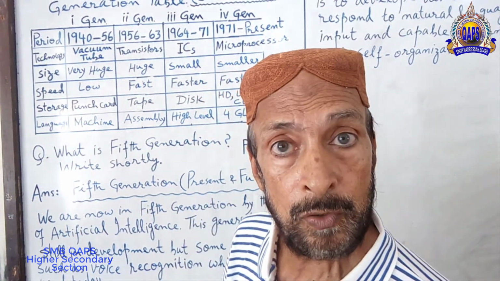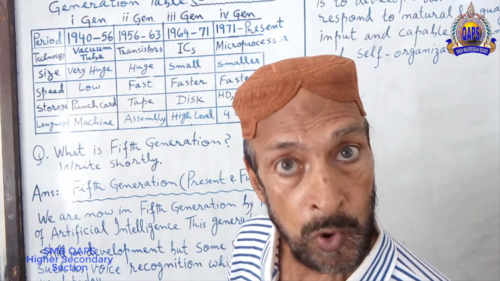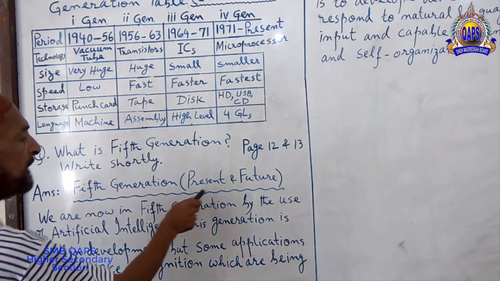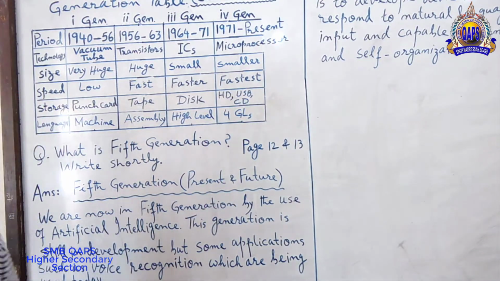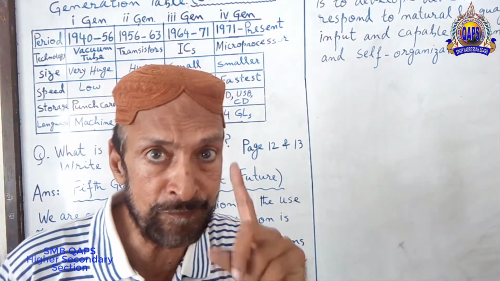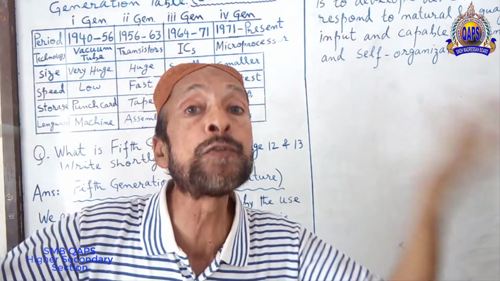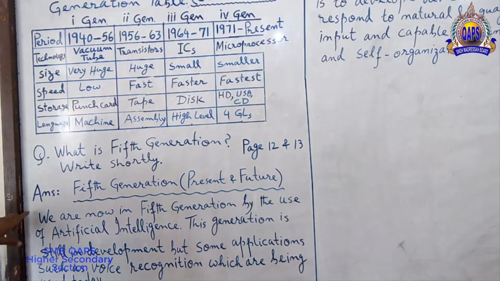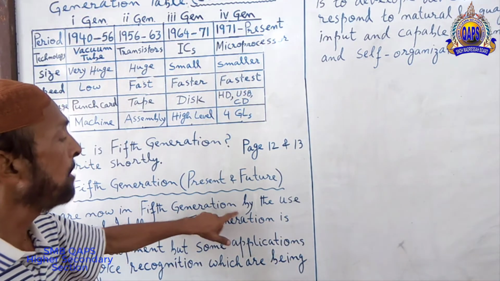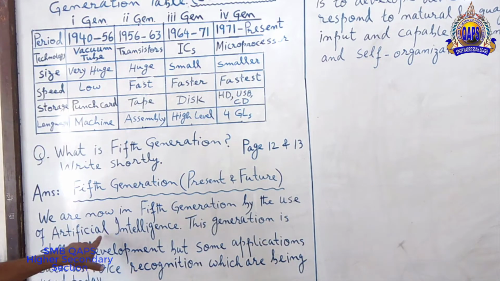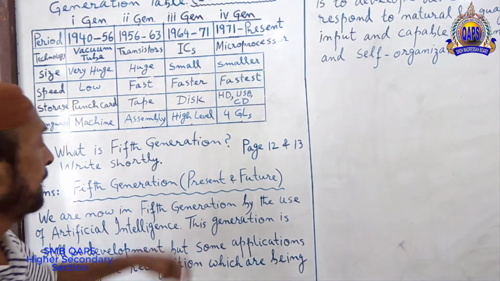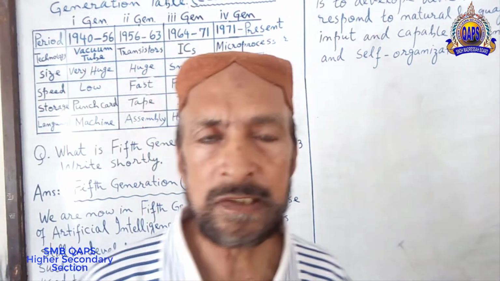Read the paragraph now which I wrote on the board. Fifth generation, present and future. What does that mean? It's a dream of future. Fifth generation is a dream of future. We are now in fifth generation by the use of artificial intelligence. What is artificial intelligence?